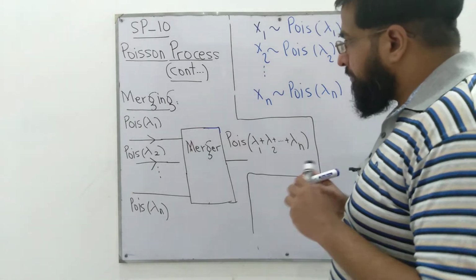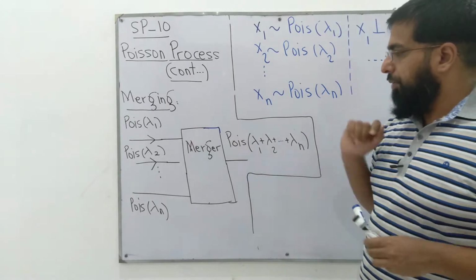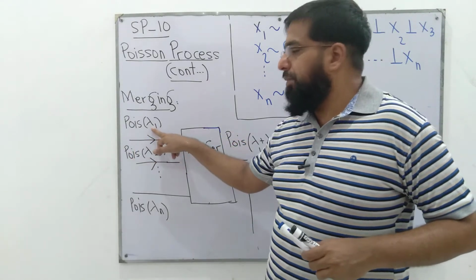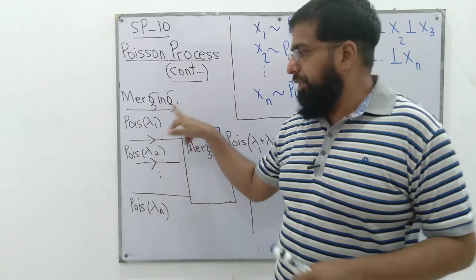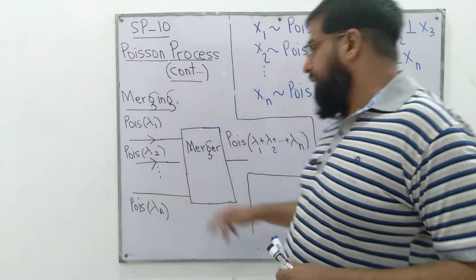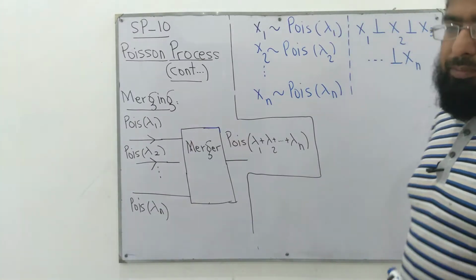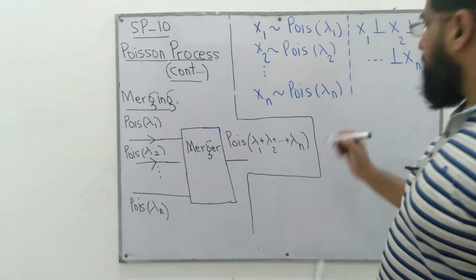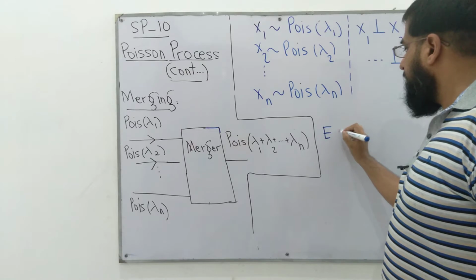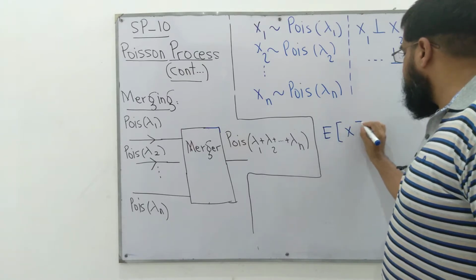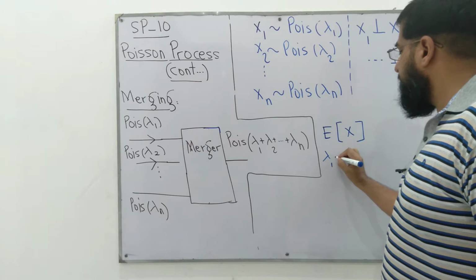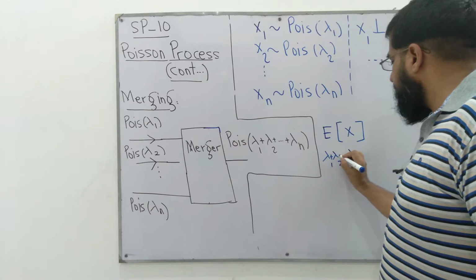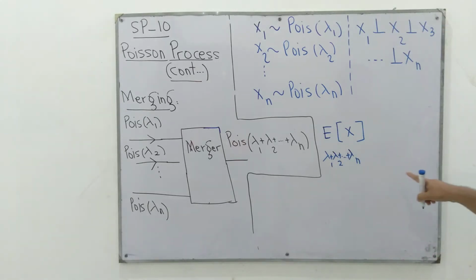So what should be the expected value of this merged process? We know that the expected value of the first process is lambda 1 times t. We have already studied that, lambda 2 times t for the second, and lambda n times t for the last. So what should be the expected value of x, where x belongs to Poisson of lambda 1 plus lambda 2 plus lambda 3 plus up to lambda n?